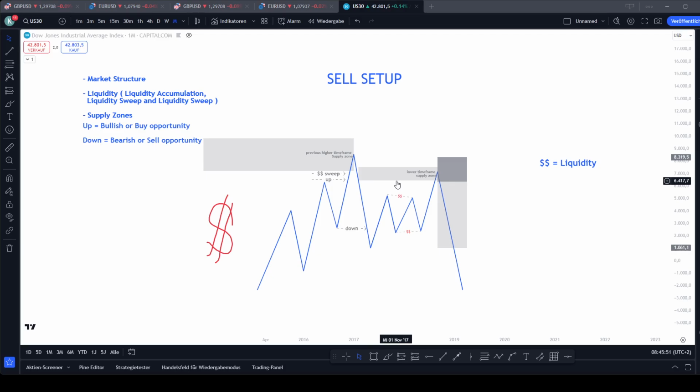Based on that, we should be able to find areas of liquidity which we are targeting, and then enter our trade expecting price to drop and take out that liquidity. Remember, guys, as price is moving upwards here, it should take out some sort of liquidity. So basically, this is what my setup is all about.